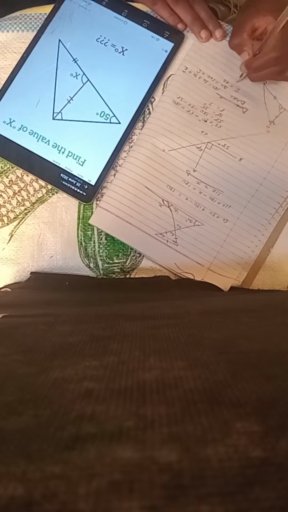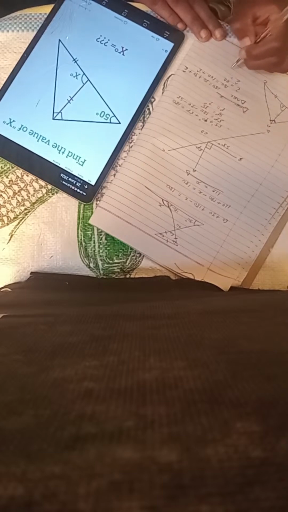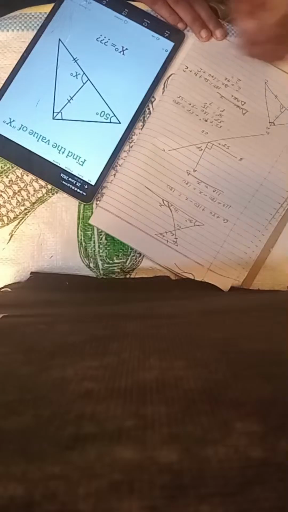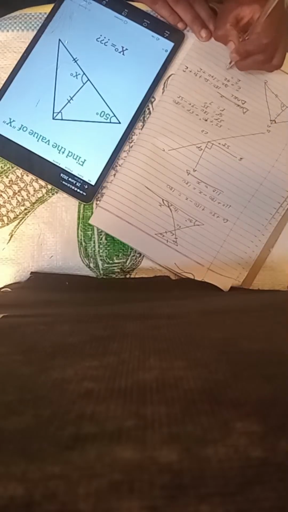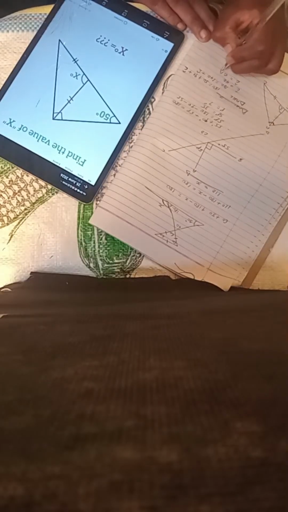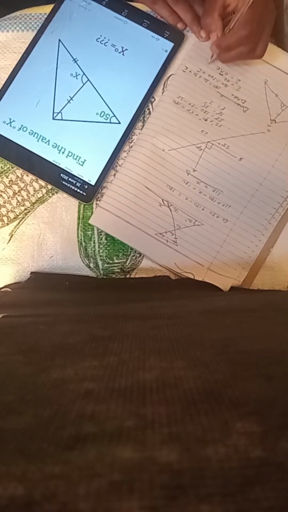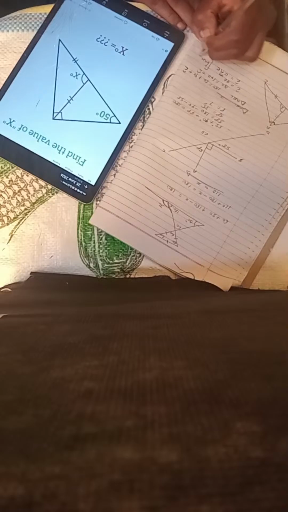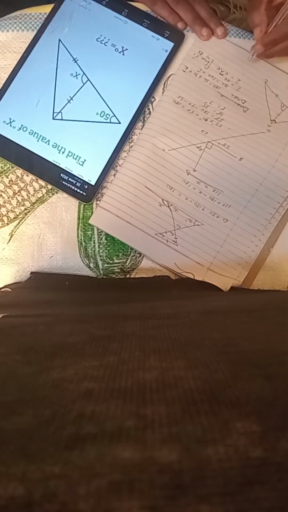But C is equal to, let's just label this E, CAE. Base angles of an isosceles triangle are equal.